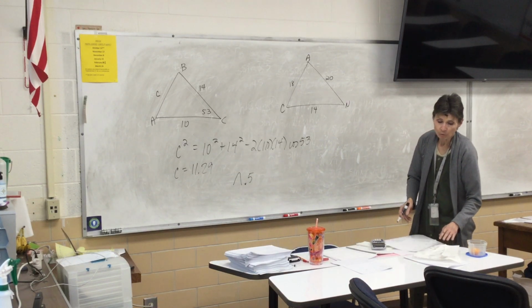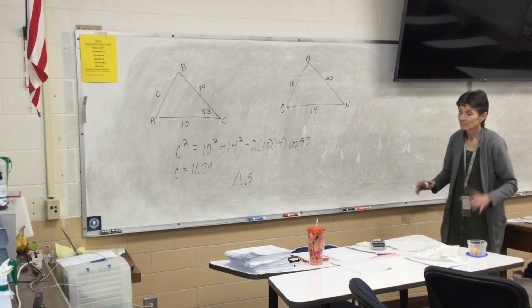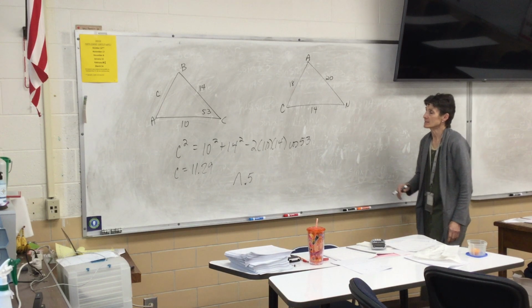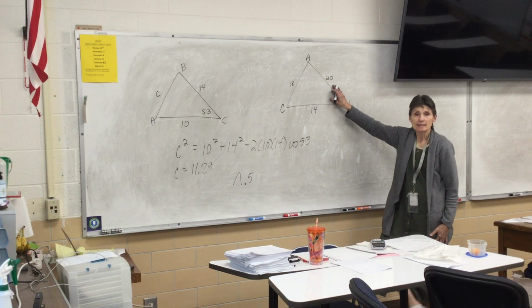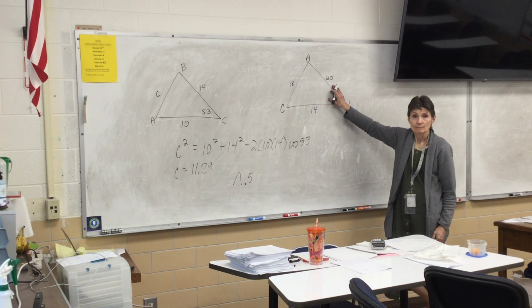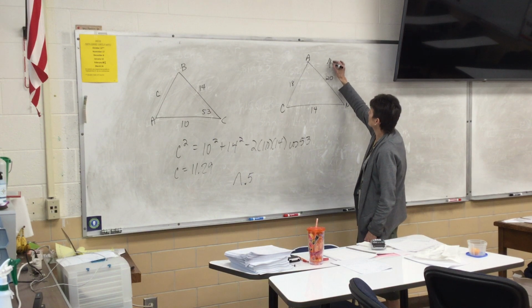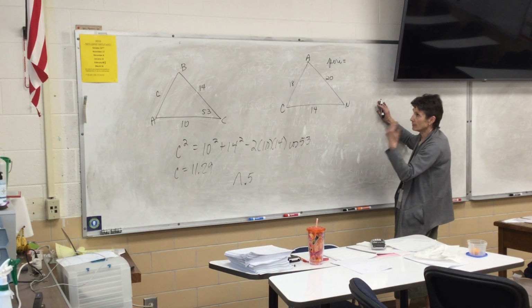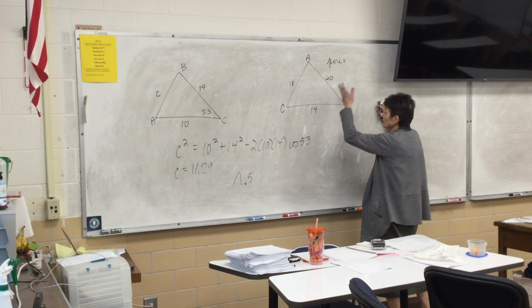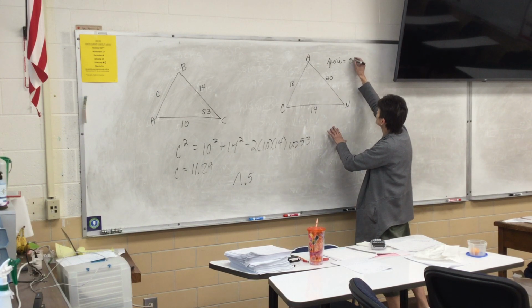Now, there's always more than one way to do stuff, but when I look at this, I see all three sides, so I immediately think of Heron's formula. To use Heron's formula, you need to first find your perimeter. So our perimeter, you can use a calculator to help you add them all up. Looks like the perimeter is 52.